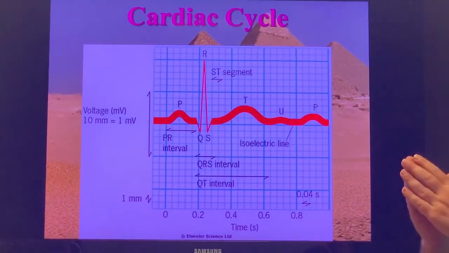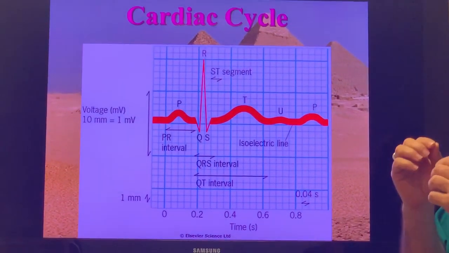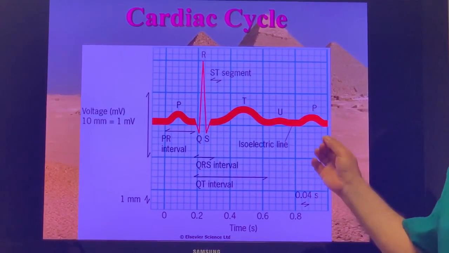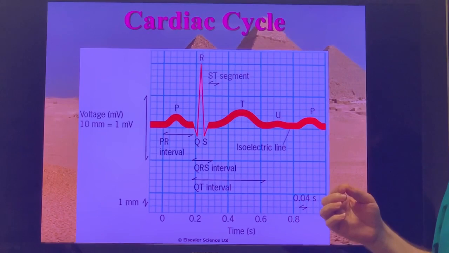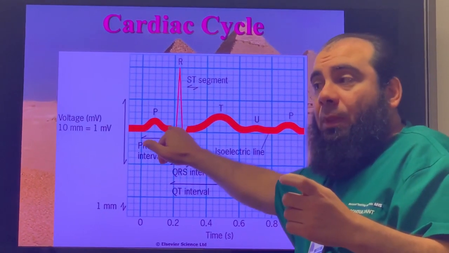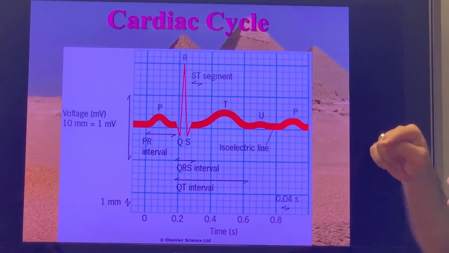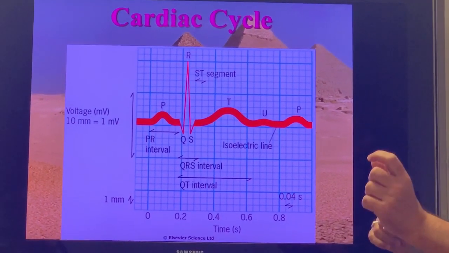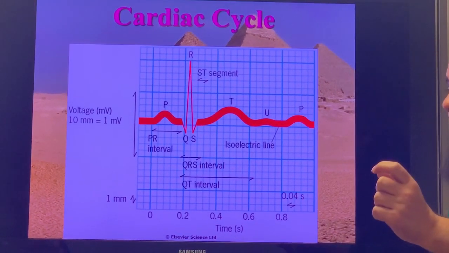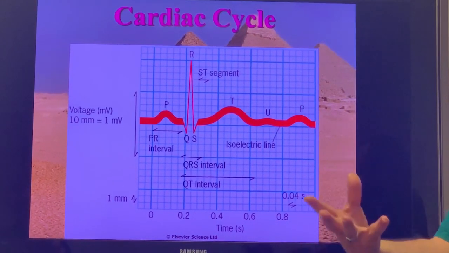It actually gives a delay there. The conduction in the AV node is the slowest conduction among the other conductions in the heart. So it slows down there, giving this pause, and where the heart block happens. And why is it slow? It allows the blood to flush to the ventricle before the contraction of the ventricle.